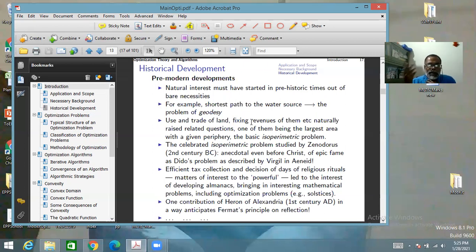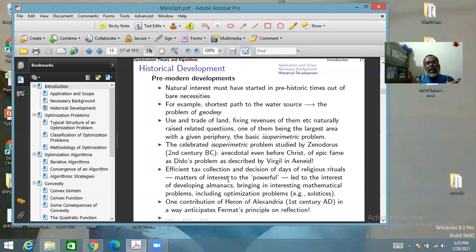So that problem is very old. Thousands of years old, to the extent that in the epic Aeneid by Virgil, there is an interesting problem of that kind which came up. Then the calendar making also brought in some optimization problems.